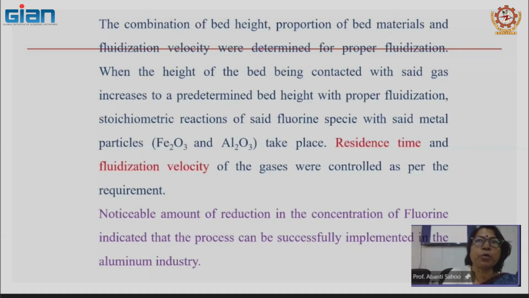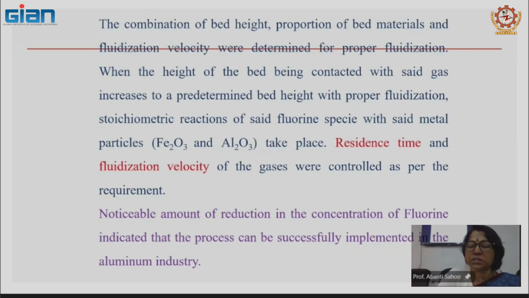We have to select the bed material according to what type of pollutant we are focusing on, so that the gaseous pollutant can react with the bed material and form a solid, and handling solid waste is easier than handling gaseous waste or gaseous pollutants. So the fluidized bed reactor is a key, or prime, unit to handle air pollution in the present scenario.